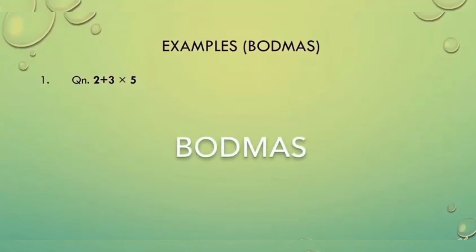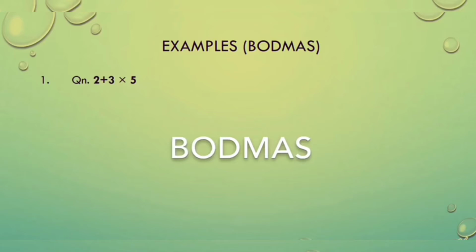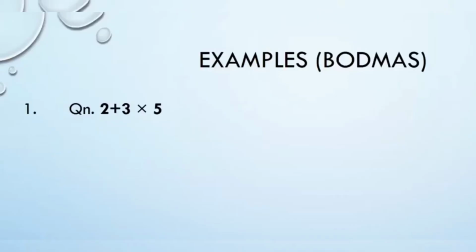You can see in BODMAS, M comes before A, that is multiplication comes before addition. So we have to do the multiplication first. 3 into 5 is 15. Then addition. 15 plus 2 is 17. So the answer will be 17.